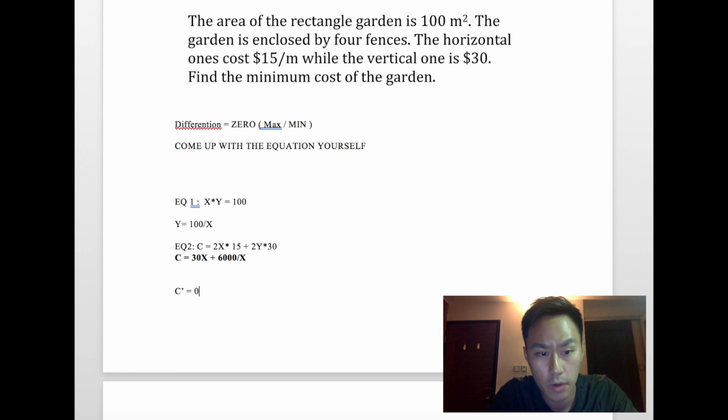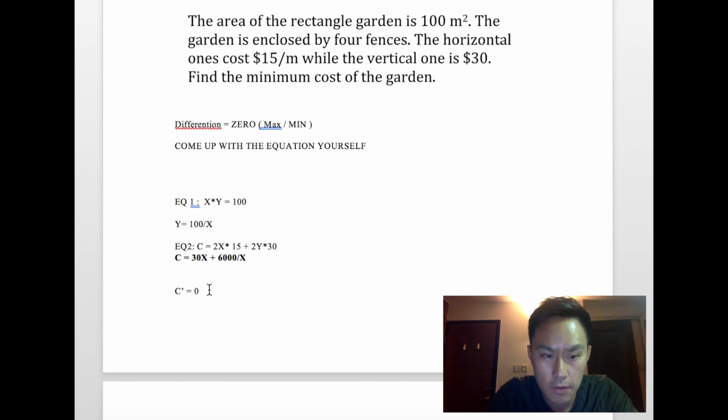It will be equal to 0, right? Because the differentiation of the cost equation has to be 0 if you want to find the minimum cost of the garden. Even if the question asks you to find the maximum, maybe profit or something, next time you will know that you need to differentiate the equation and make it equal to 0.